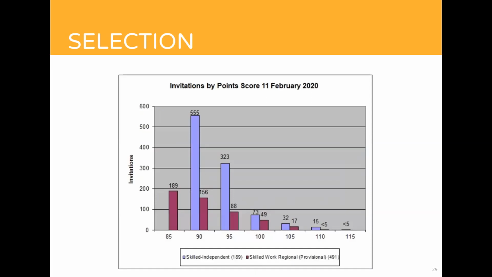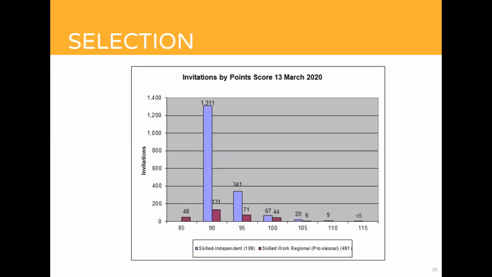That continued into February, and you can see a larger number of 491 visas now being invited. March, still 90 points for the 189 and not quite so many 491s. Now, we don't know if that's just a lower number being selected, or maybe there weren't that many candidates available for selection, or their occupations were not being sought.